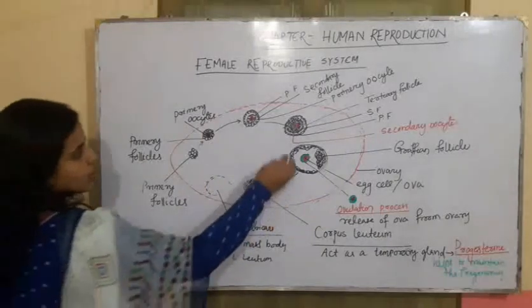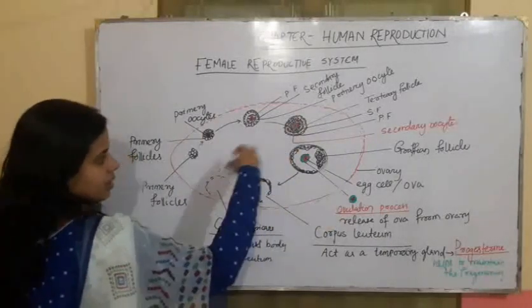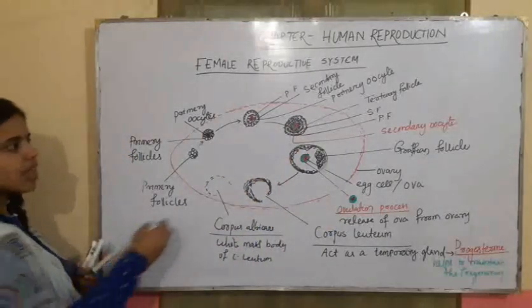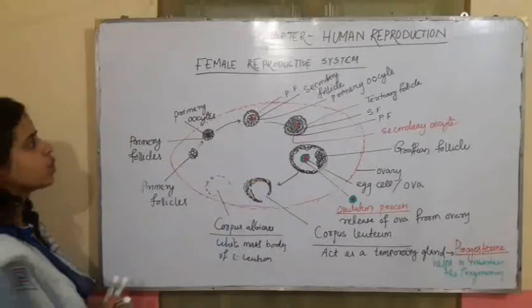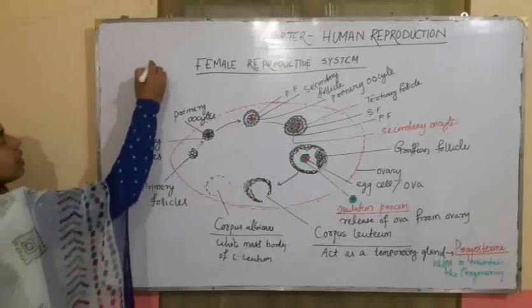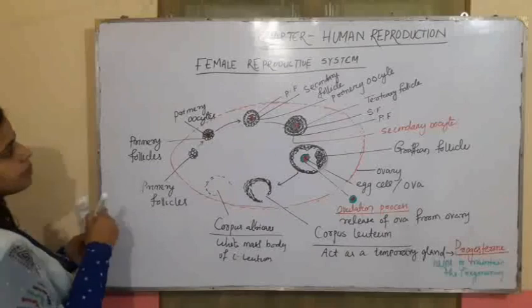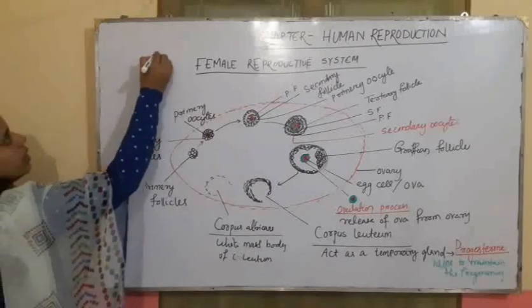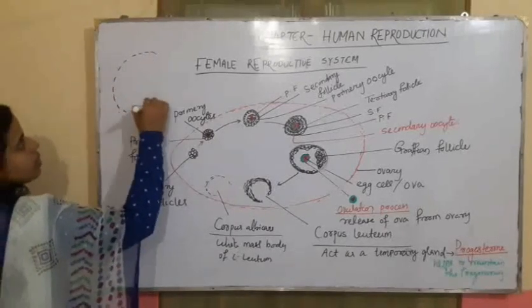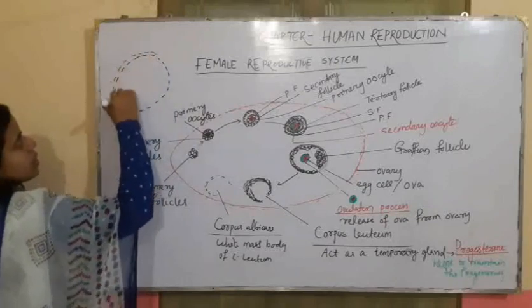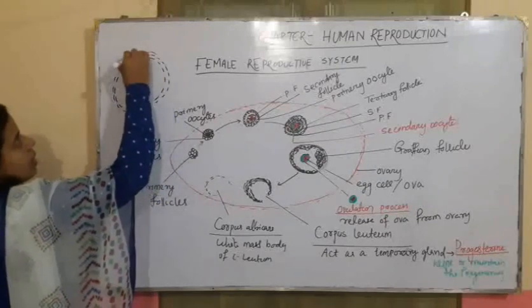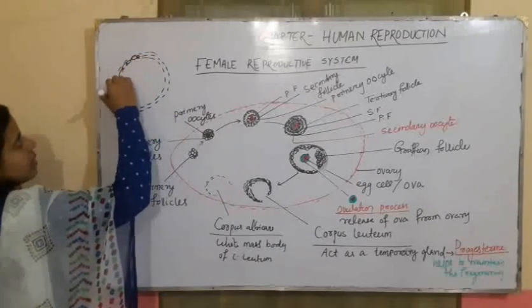Okay, so here one thing again we will discuss. If you see the structure of this ova, all these cells, or you can say the Graafian follicle structure. Let us draw the Graafian follicle structure here. As I told, the Graafian follicle structure is completely filled with cells, right?